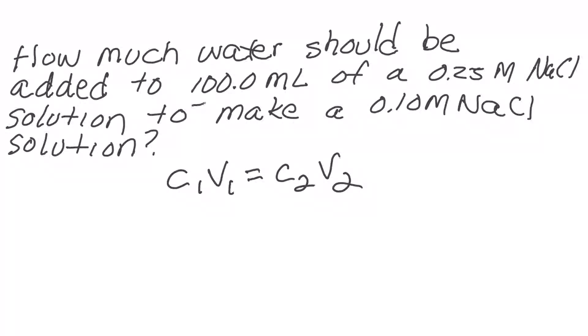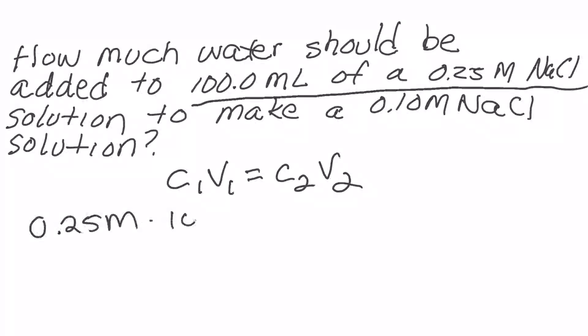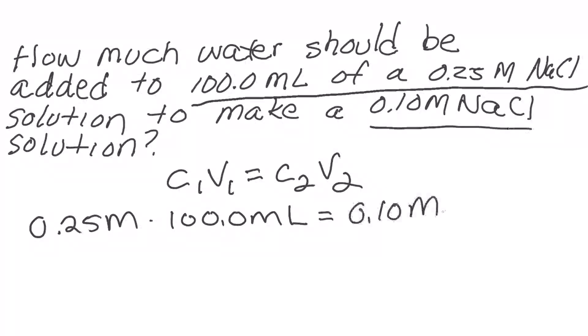So 100 milliliters of a 0.25 molar sodium chloride solution is what I have initially. So I have 0.25 molar times 100.0 milliliters equals the second concentration, 0.10 molar, and the second volume. Now notice here the question really asks for how much water is added.